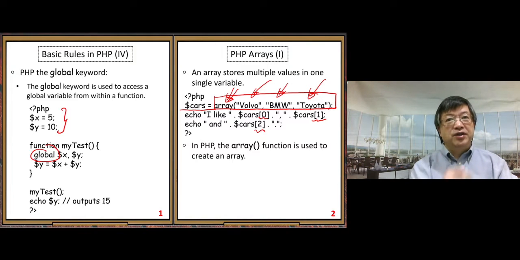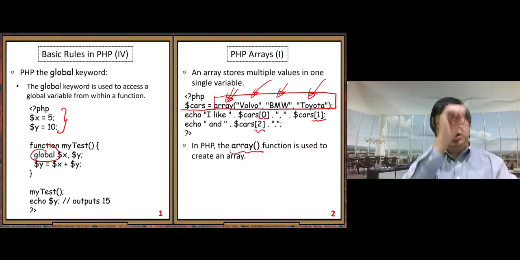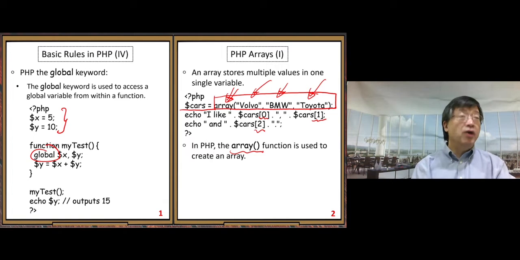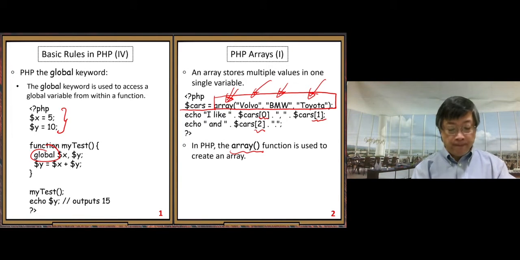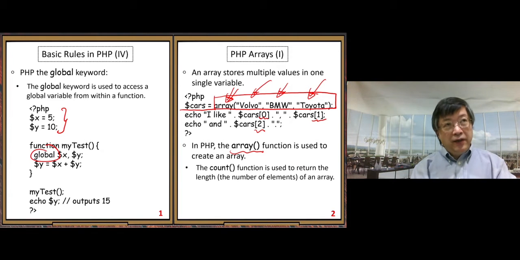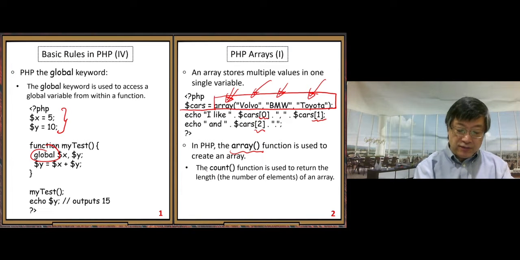We can use this array function to create an array object. After you create an array, another very useful function is the count function.